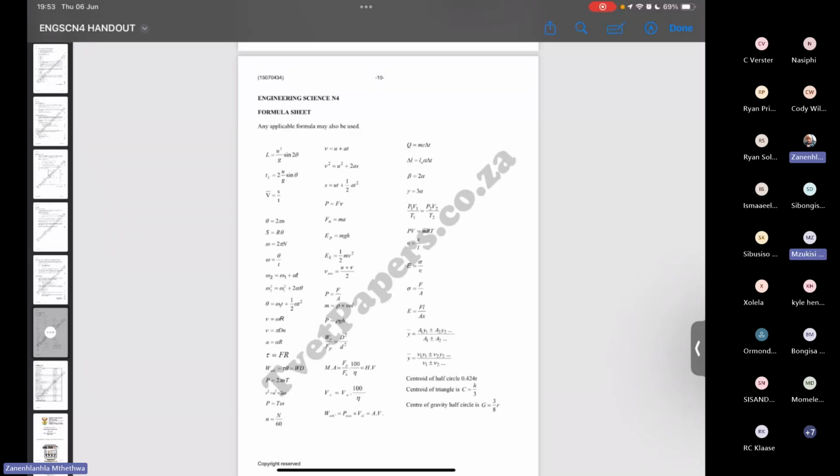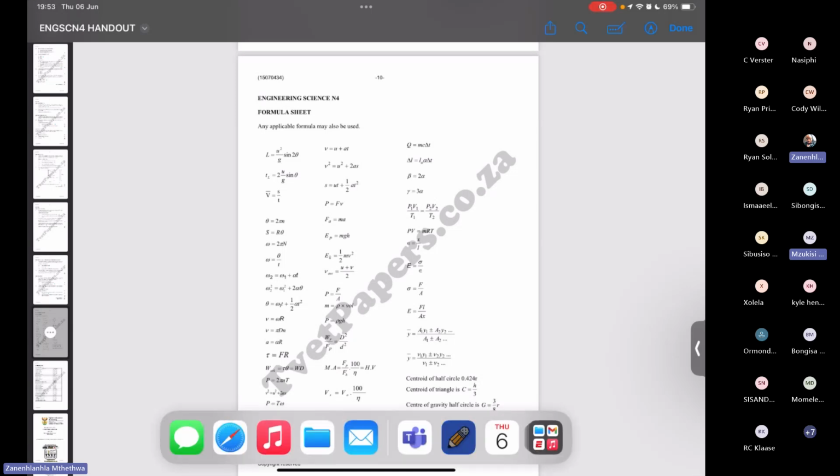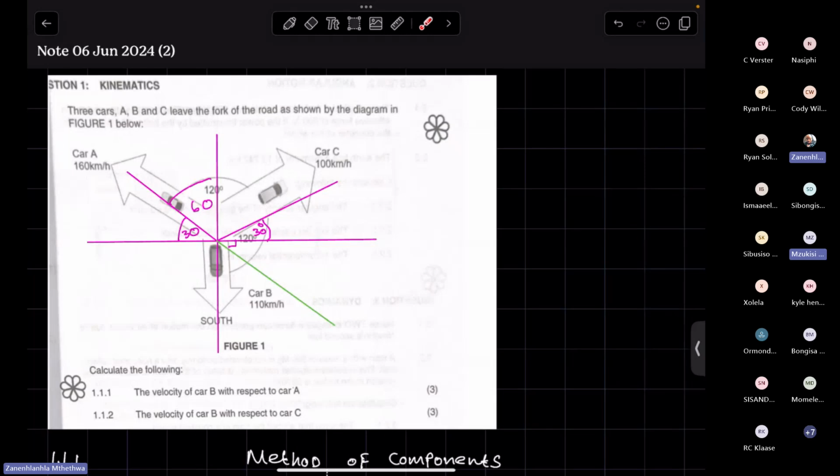I just want to ask a question. There was a communication sent regarding the test that if you are 80 kilometers outside the borders of the campus, you can send a request to say can I write online? That part we are going to discuss tomorrow. I will be sending you something, and you can choose the time slot that you want to write the test at.